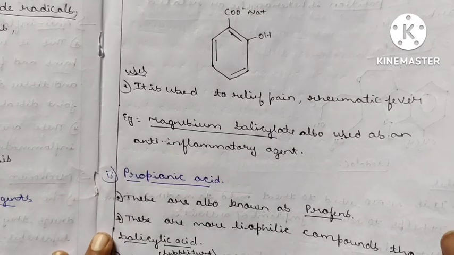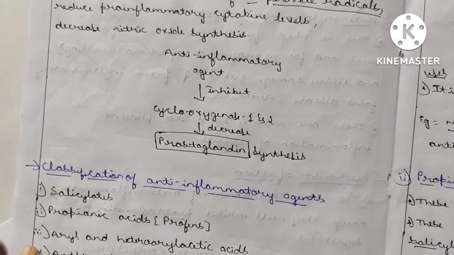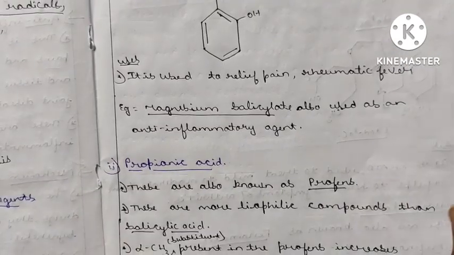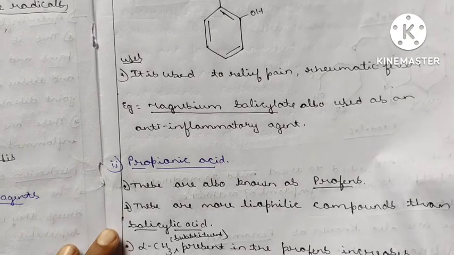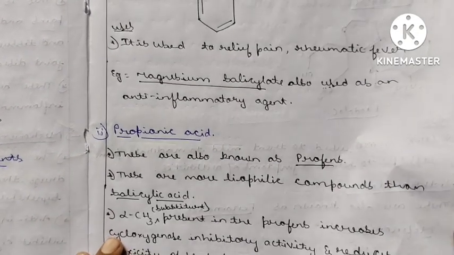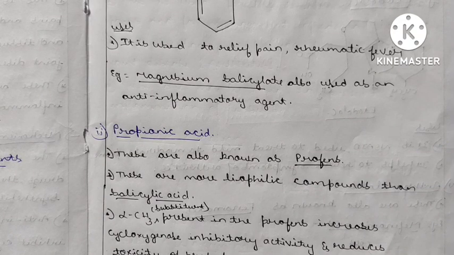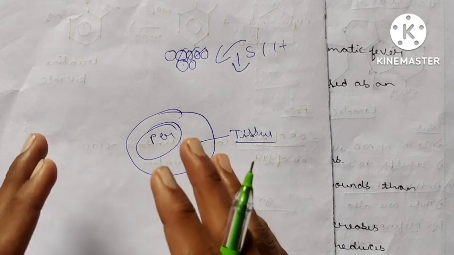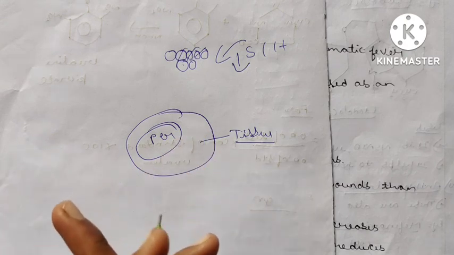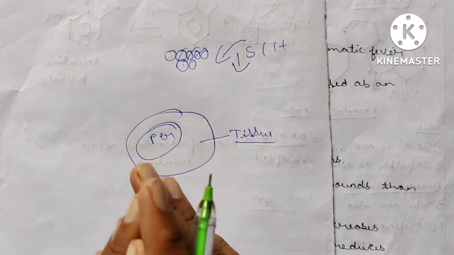Then propanoic acid. Propionic acid is also known as profens. If you don't remember propionic acid, you can remember profens. They are more lipophilic compounds than salicylic acid. One very important point to remember here: in our human body, the maximum involvement is of lipid content.